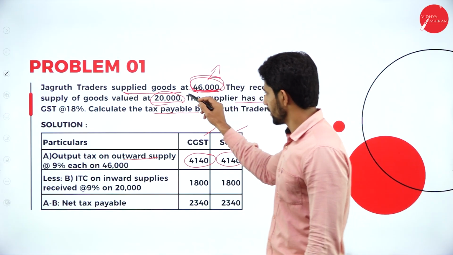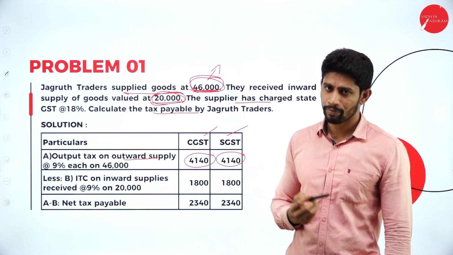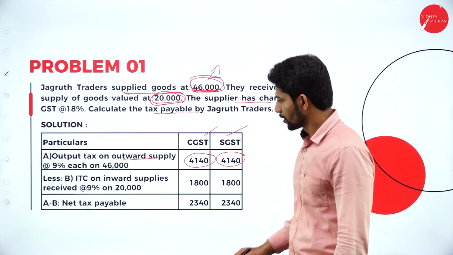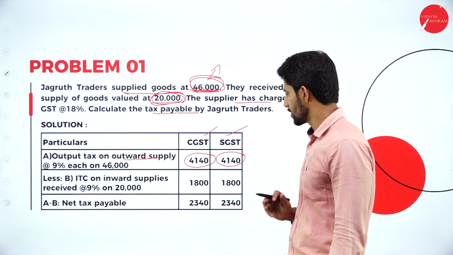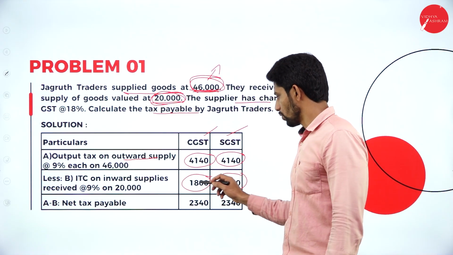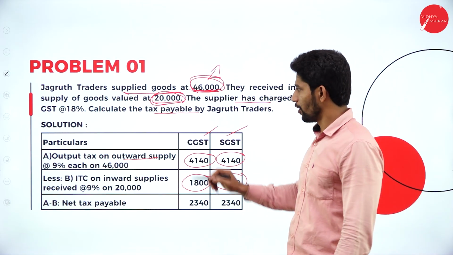That means at the time of purchasing the goods by paying 20,000, at that time also they have paid tax, no? The same rate of tax of 18%. Just assume that. So 9% each on 20,000 on CGST and SGST. How much will you get? 1,800, 1,800.